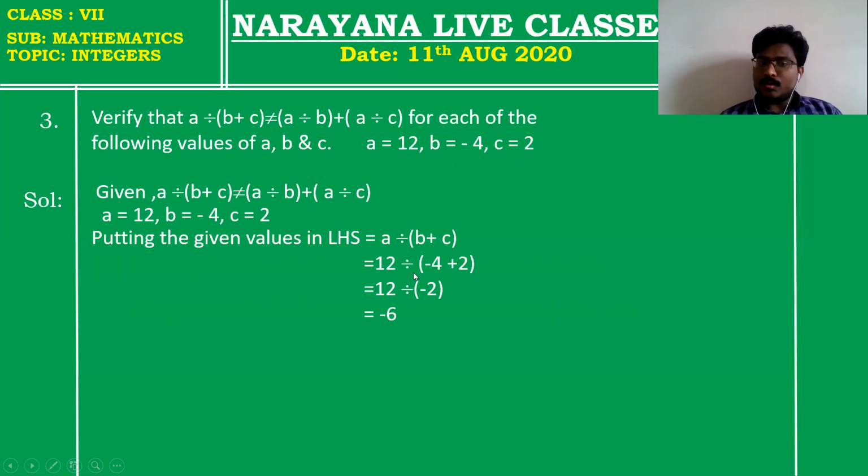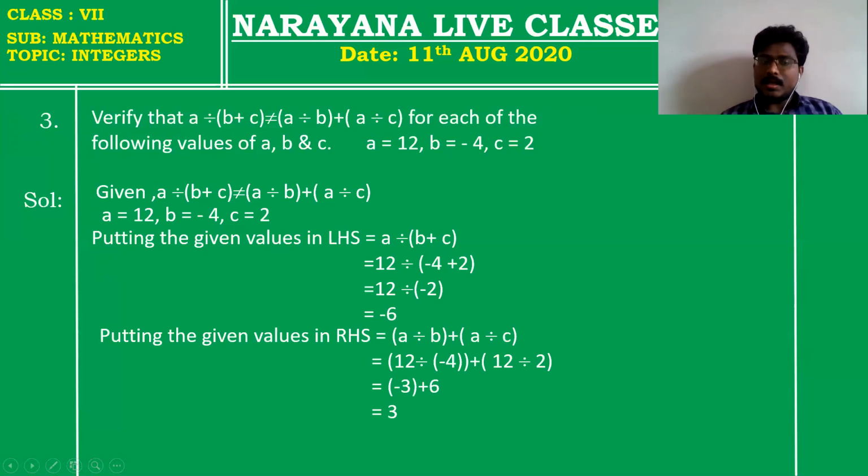So here, 12 divided by (minus 4 plus 2), that is minus 2. So 12 divided by minus 2 is how much? Minus 6. Now we'll check the RHS. RHS is a divided by b plus a divided by c: 12 divided by minus 4 plus 12 divided by 2. 12 divided by minus 4, how much?